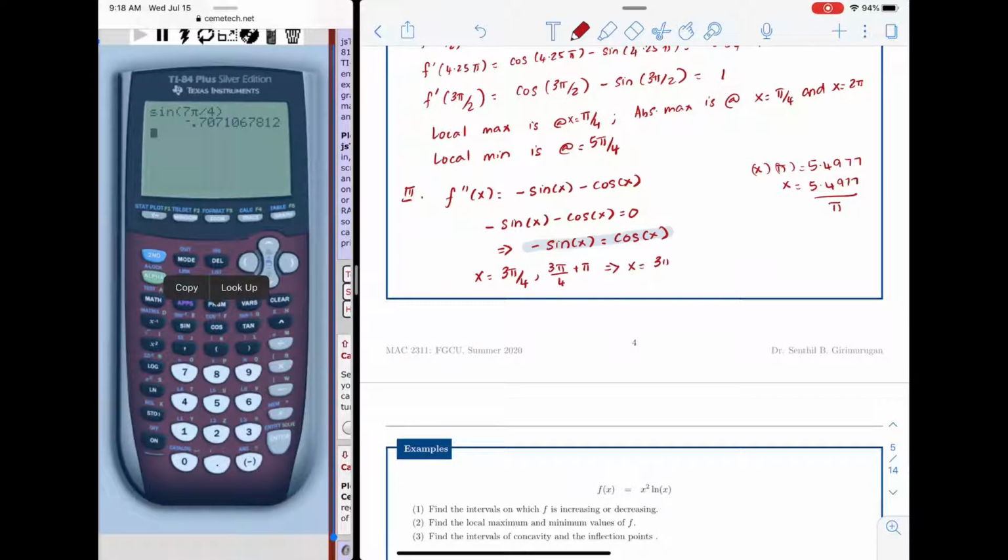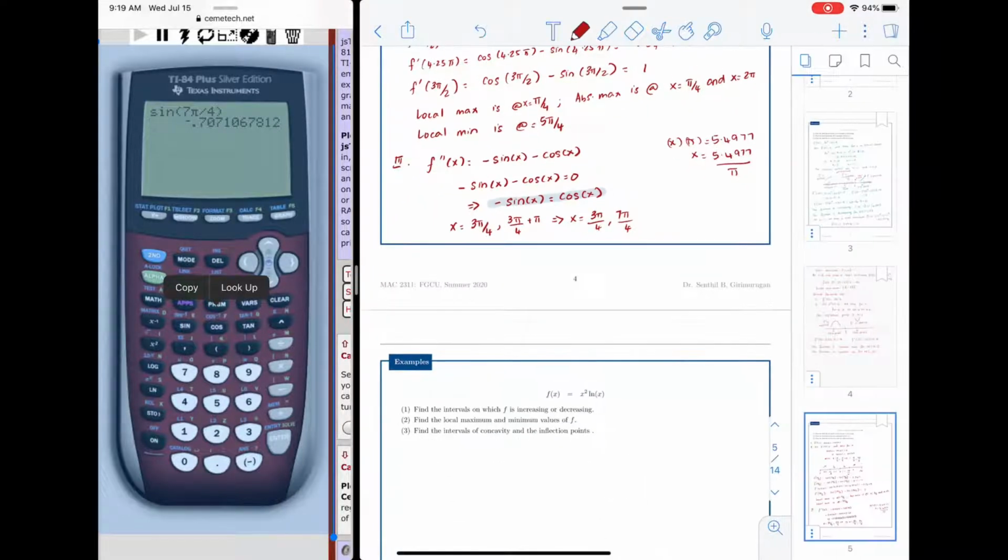The reason why I'm doing it using the calculator is because you can find the values in terms of pi if we know the calculator approach and make use of it to get the answers in terms of pi, if you have difficulties identifying directly what the values are just by looking at it. So we actually have two values now.